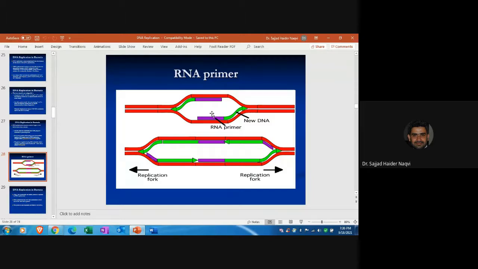We studied yesterday that the DNA replication fork goes bidirectional. So you can see one going in this direction and one going in this direction. And as they go in these opposite directions, the unwinding carries on and the new chains are being simultaneously synthesized, as you can see in the picture.